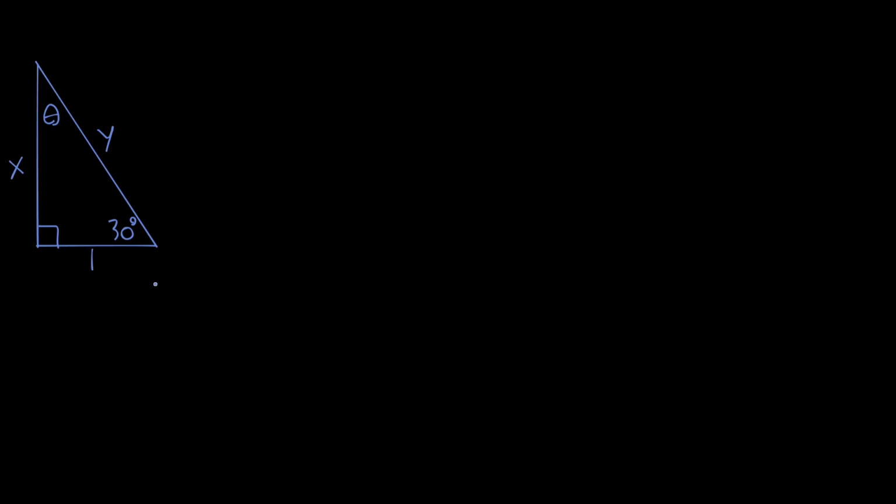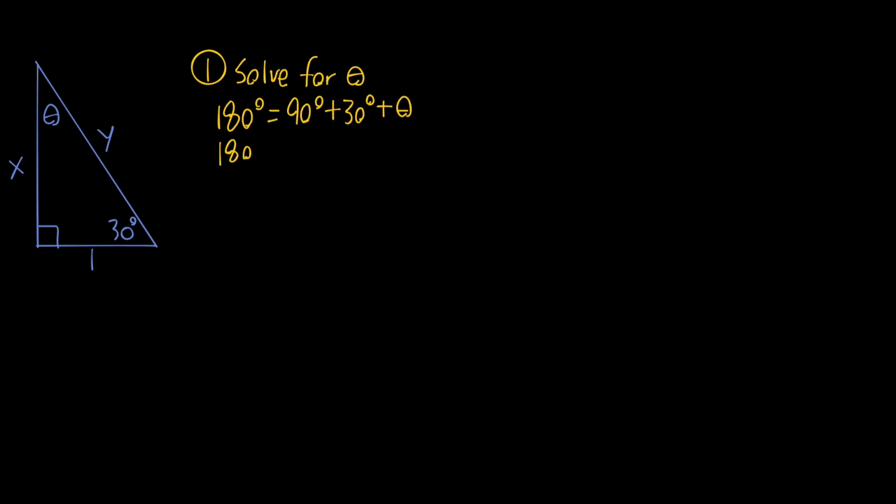Alright, so the solution set that I came up with is as follows, but if yours differs in terms of the order, that's perfectly okay, as long as you get the same answers. So the first step is that I'm going to solve for theta. So what I get here is that 180 degrees is equal to 90 degrees plus 30 degrees plus theta.